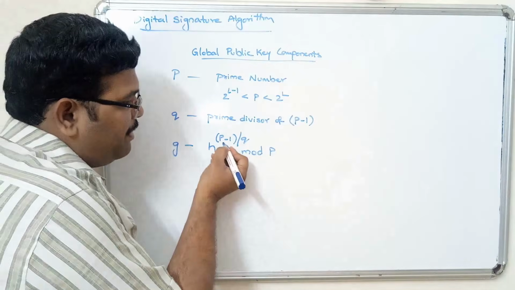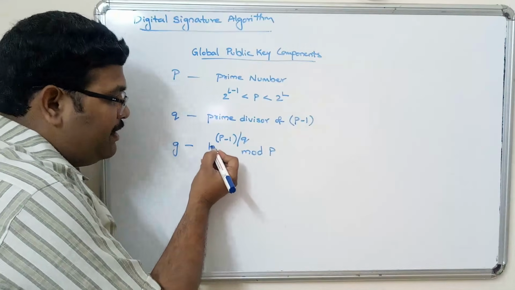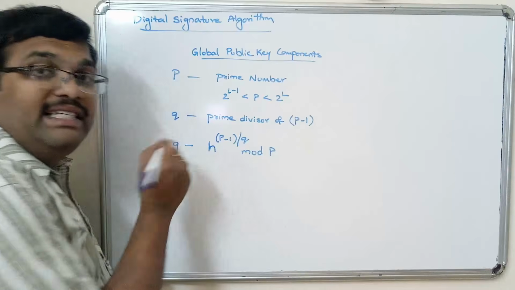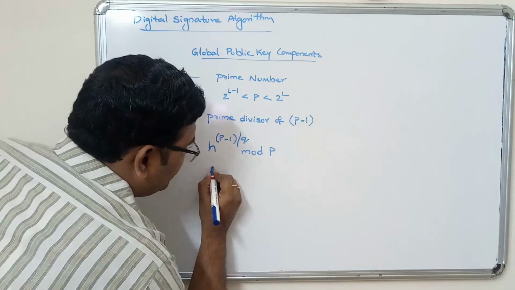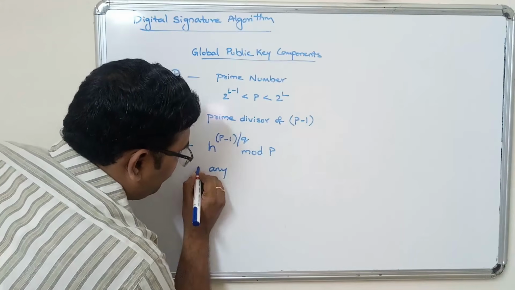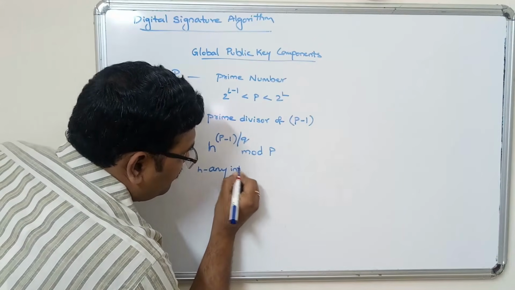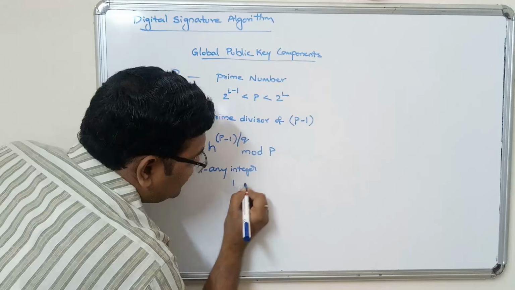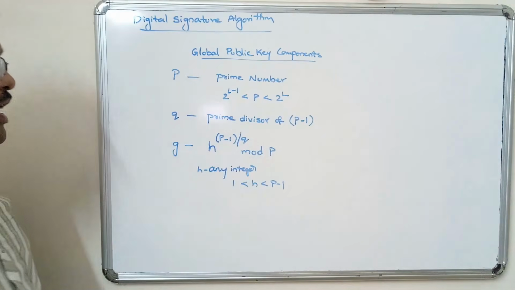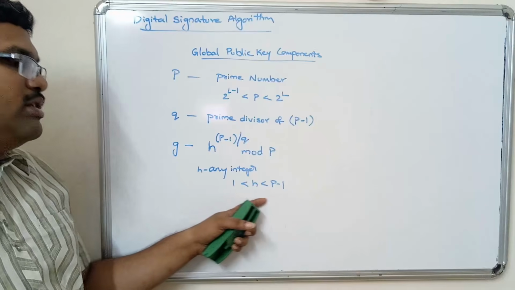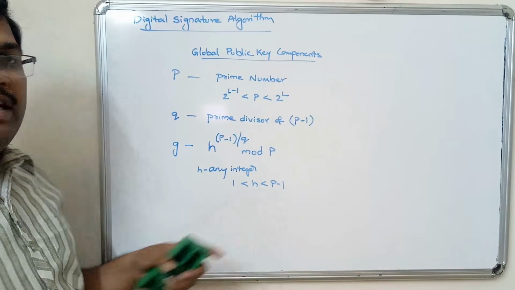Here H is any integer, H is not a hash code. H is any integer which lies in between 1 and P minus 1.